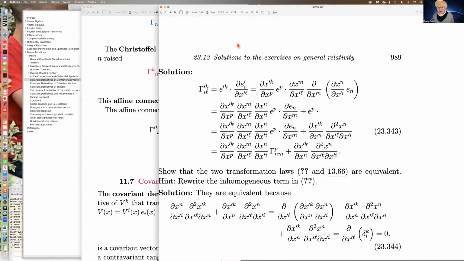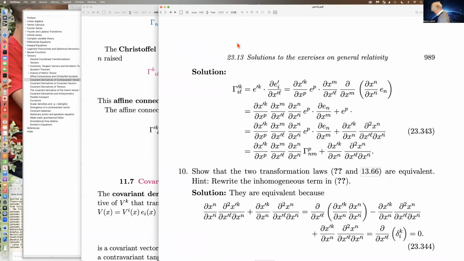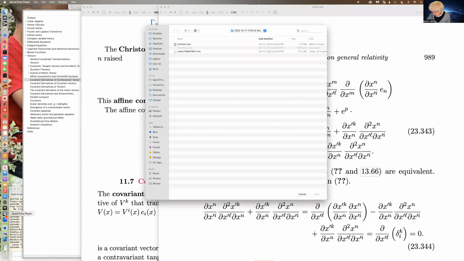Oh, and I just realized I forgot to connect the iPad. Hold on. So here I'm connecting the iPad and starting QuickTime.